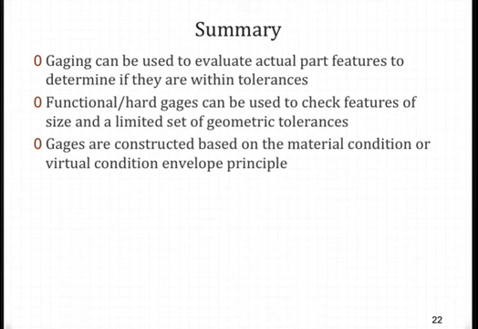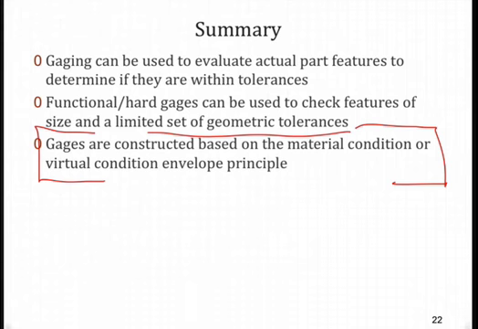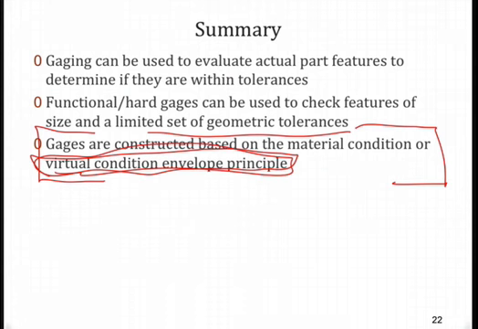And our functional gauges as well as go gauges can be used to check features, but they're limited in terms of the scope and applicability to geometric tolerances, as we'll see. Gauges are going to be constructed based upon our material condition, MMC or LMC, or the virtual condition envelope that we saw with our functional gauges corresponding to perpendicularity and position.